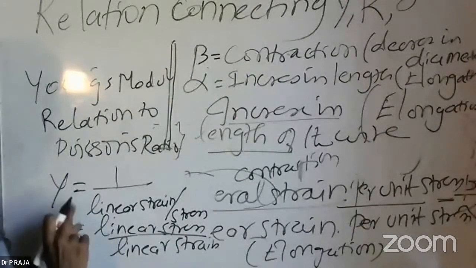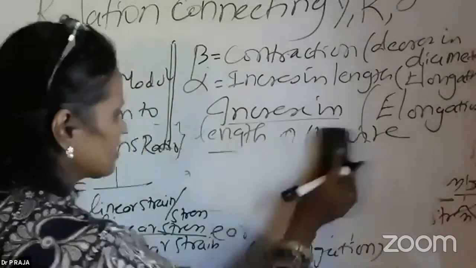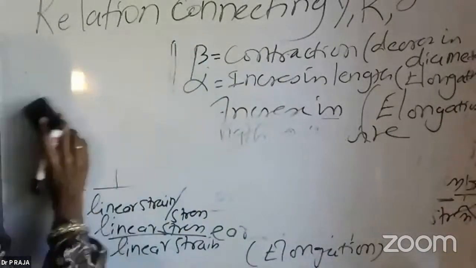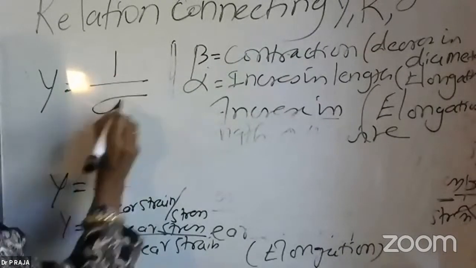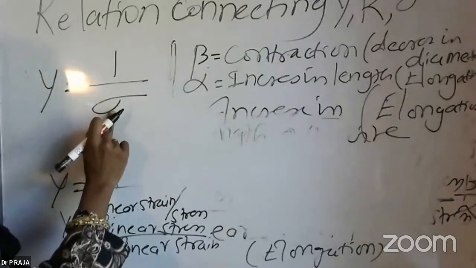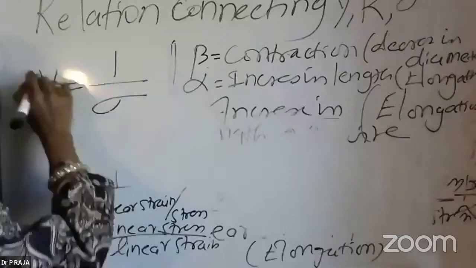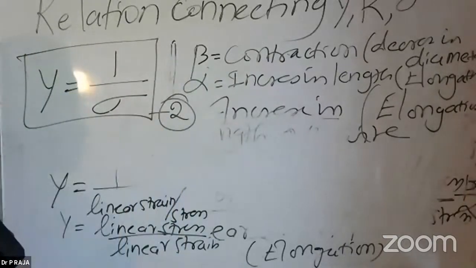So I can relate the Young's modulus and the Poisson's ratio as 1 by sigma. So the Young's modulus is related to the Poisson's ratio by this relationship. Let's put it as equation number 2.